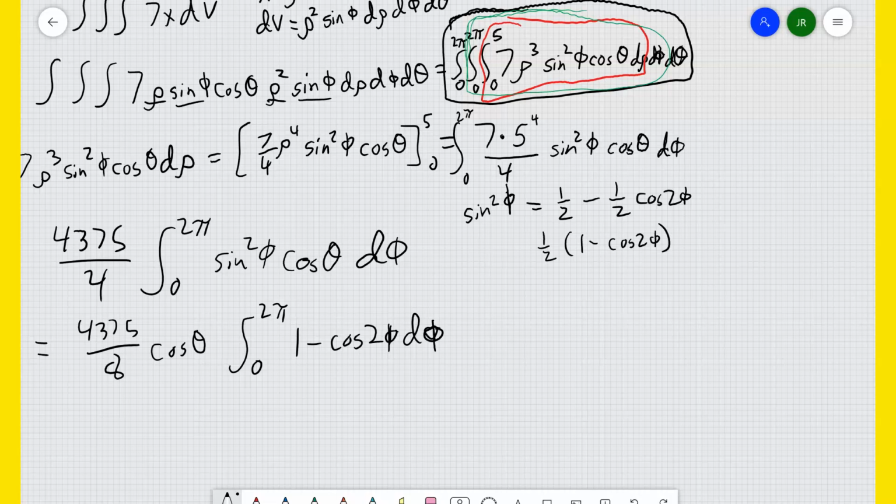Now, that's going to equal: the integral of 1 d phi is phi. The integral of negative cosine, let's see, the integral of cosine is sine, so it's going to be negative sine of 2 phi over 2.